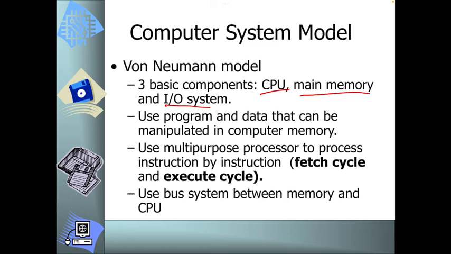The second thing here, the von Neumann model uses program and data that can be manipulated in computer memory. So everything will be put in memory. That's why every time you start your PC or laptop, the computer needs to make sure that you have memory.